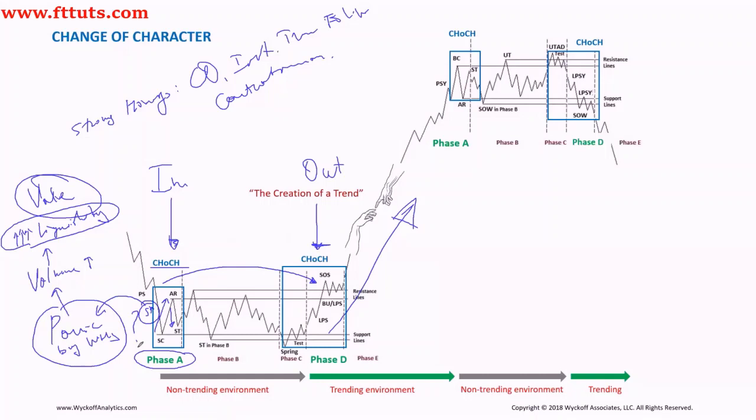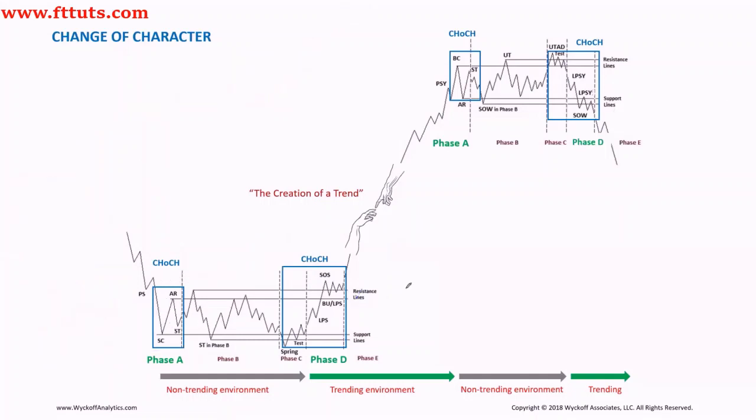That's the whole process around the selling climax, and the whole idea behind the change of character. Change of character is a change of behavior, for both weak hands and strong hands. Visually, we can identify that change of behavior, which would suggest a change in environment, from a trending environment to a non-trending environment.